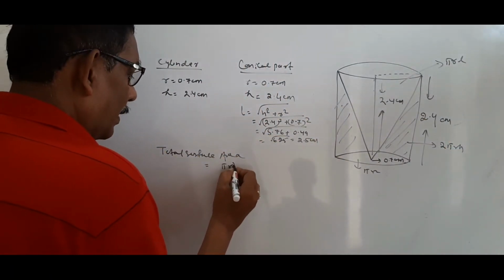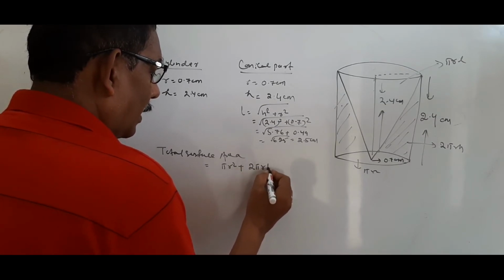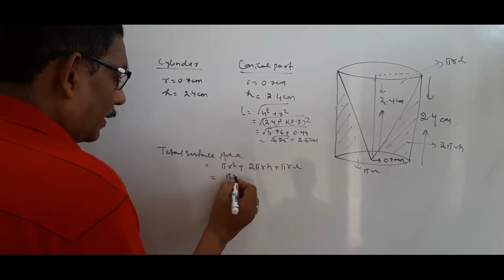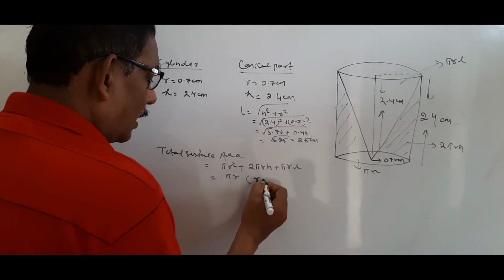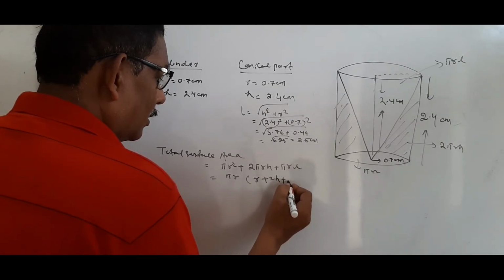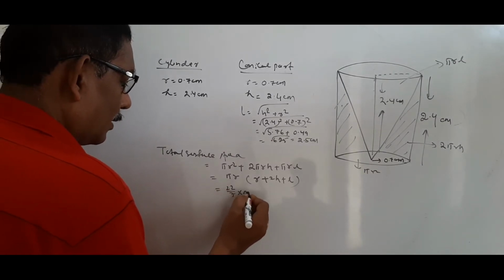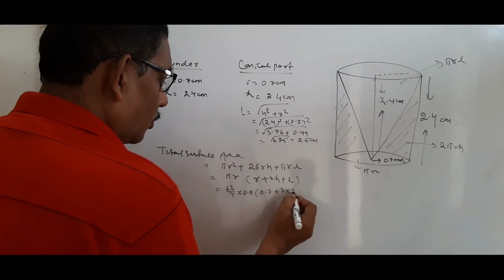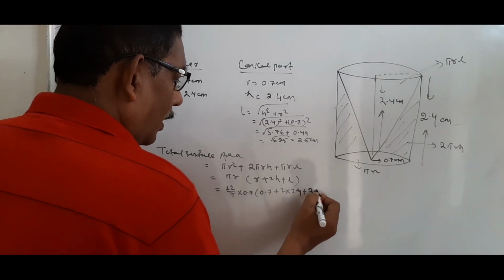So pi r square plus 2 pi r h plus pi r l. Taking pi r common, that is r plus 2h plus l. 22 by 7 into 0.7 into 0.7 plus 2 into 2.4 plus l, which is 2.5.